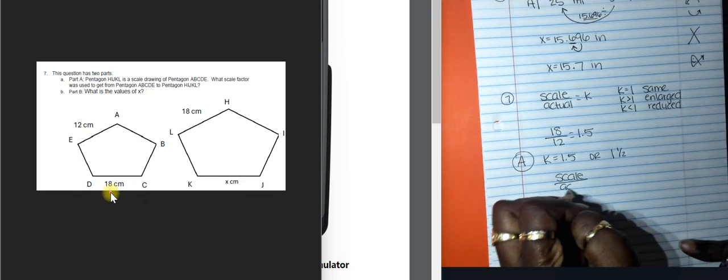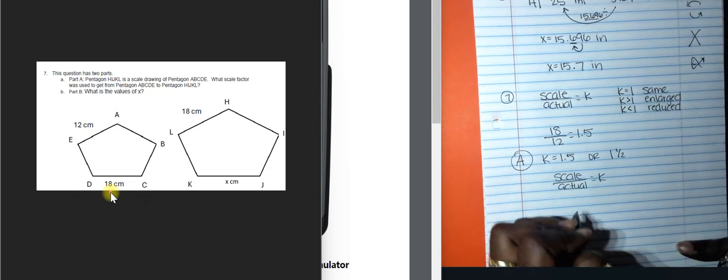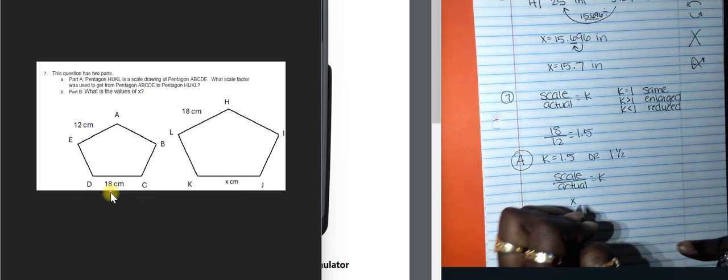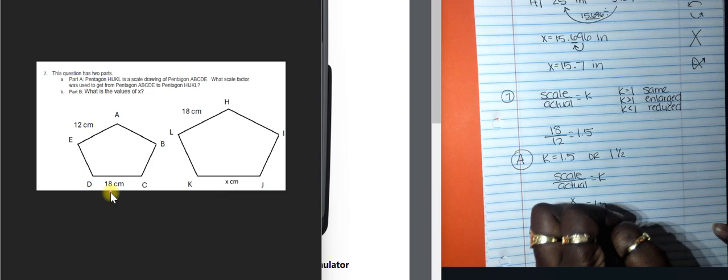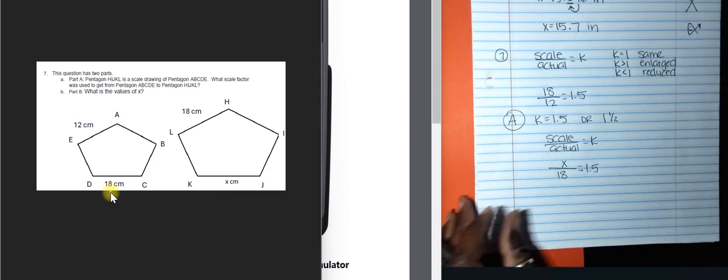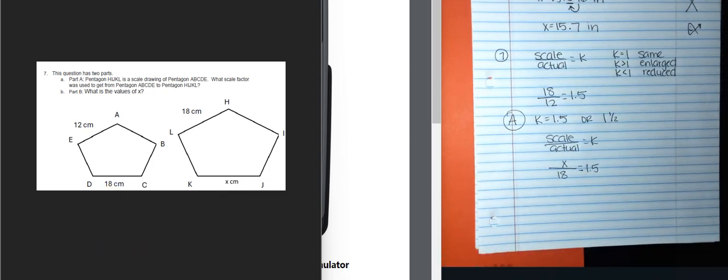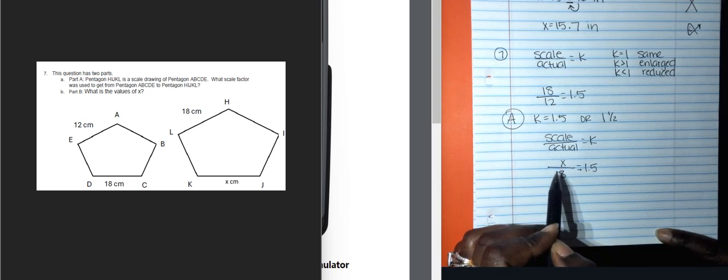Scale over actual gives me K. The scale is X. The actual is 18. And it's going to be equal to K. K is 1.5. Okay. So now what we want to find out is what is the value of X?